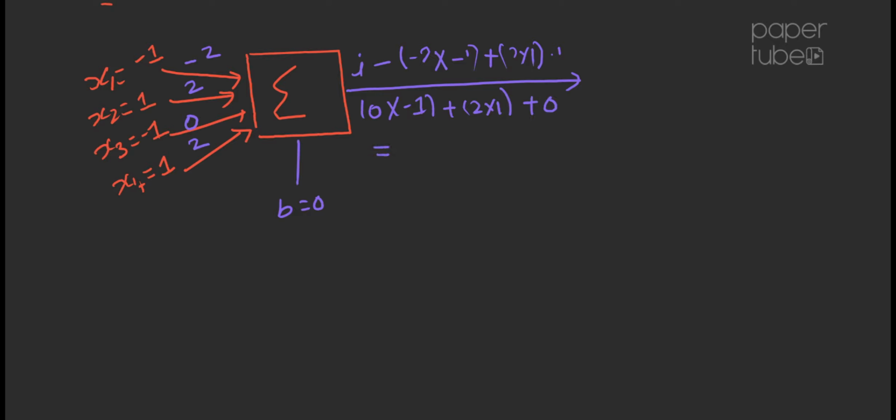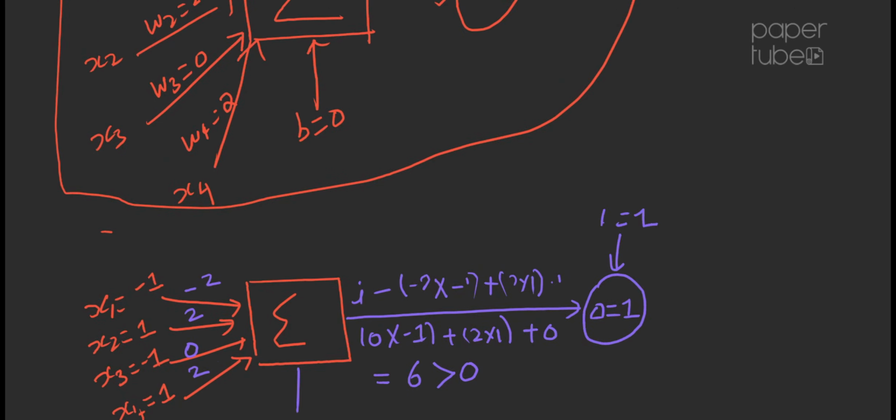That should give a value of, I think I'm getting, 6, which is greater than 0, which means your propagation function should fire an output equal to 1, and that matches your target, which is equal to 1. Okay, so this works.